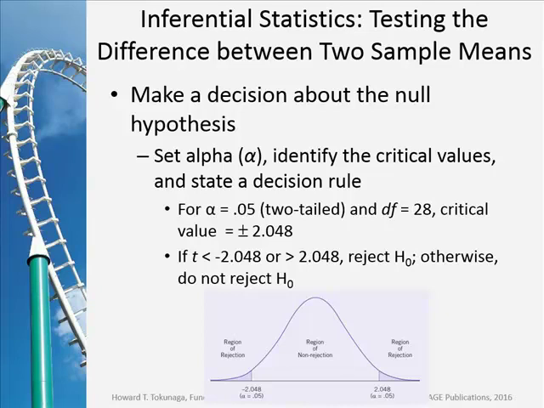That is saying, remember, that the difference that we observe, because this test is centered on the idea that mu1 minus mu2 is 0. Centered on 0, that there is no difference.